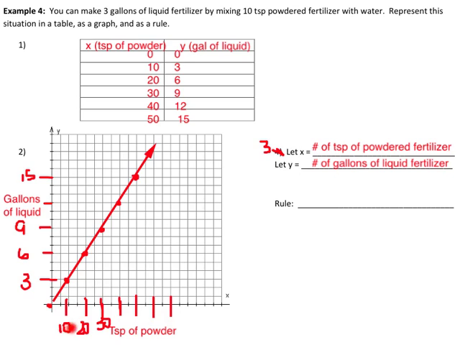Notice it's not a 2, it's a 10. We go up 3 and we go right 10 units, even though it's just 2 spaces. My slope is 3 over 10. So my rule is y equals 3/10 x.